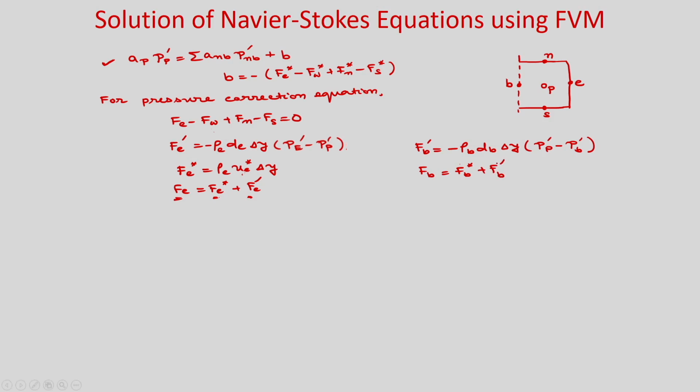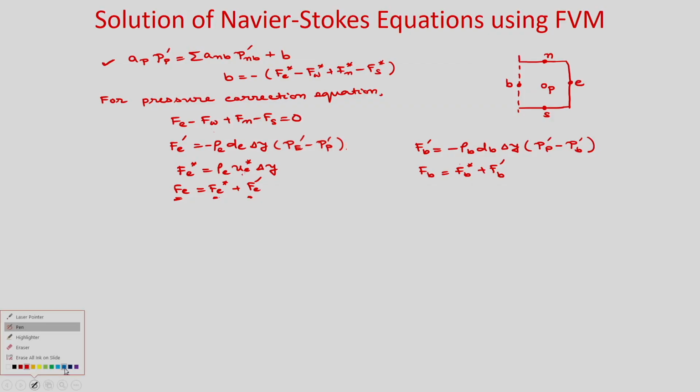At the boundary, if velocity is known, then the mass flux is known. If mass flow rate is known, you do not need any correction at the boundary. So, in this case your F b prime will be 0, because you have the velocity field specified at the boundary.